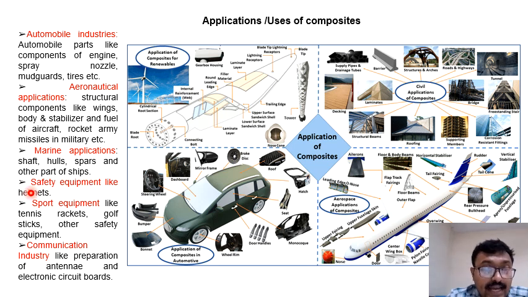Safety equipment like helmets use composite material. Different sports equipment like tennis rackets and golf sticks use composite material. In the communication industry, preparation of antennas and electronic circuit boards also uses composite material.